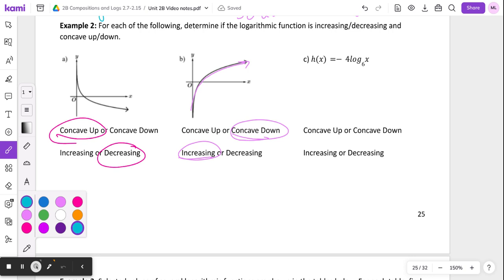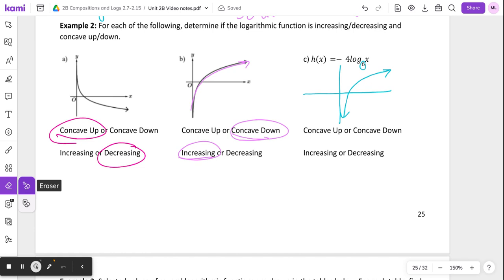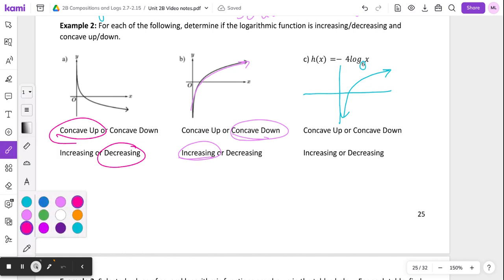All right, last one's a little tricky, so we got to figure out what this looks like. Originally, with this base, it would be an increasing function. But then, with that reflection, it's now going to be a decreasing function and concave up.